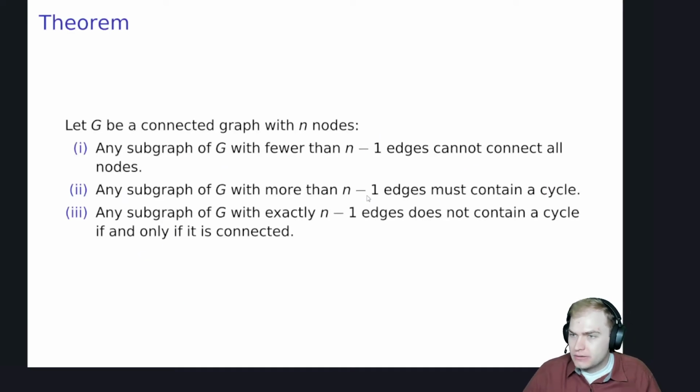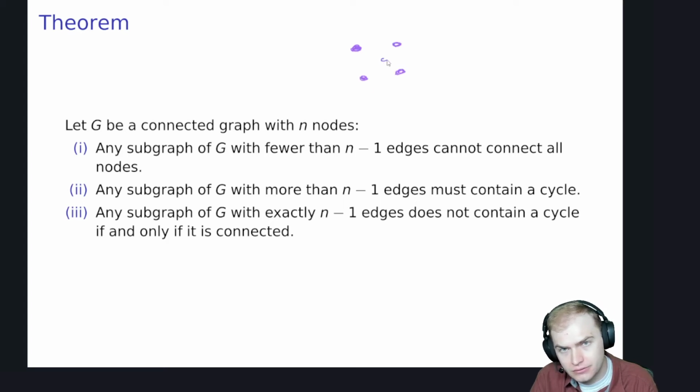So here's an important theorem about spanning trees. We're going to suppose that G is a connected graph with n nodes. Suppose we have a graph that looks like this.